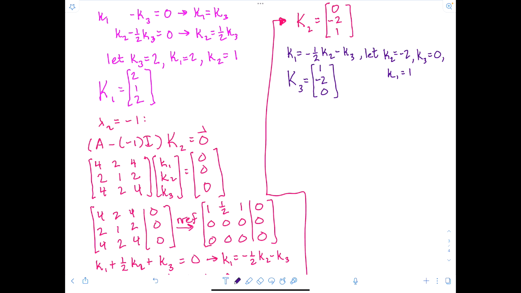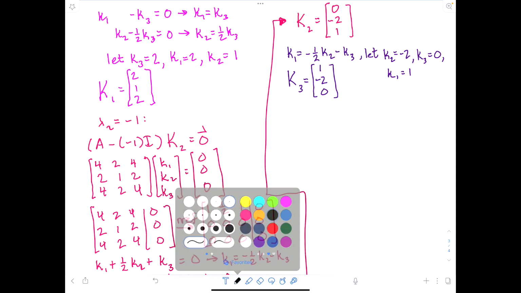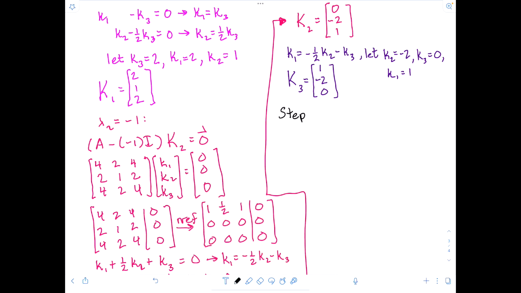All right, so now the solution. To find our general solution, our x solution vector will be the linear combination of solutions.